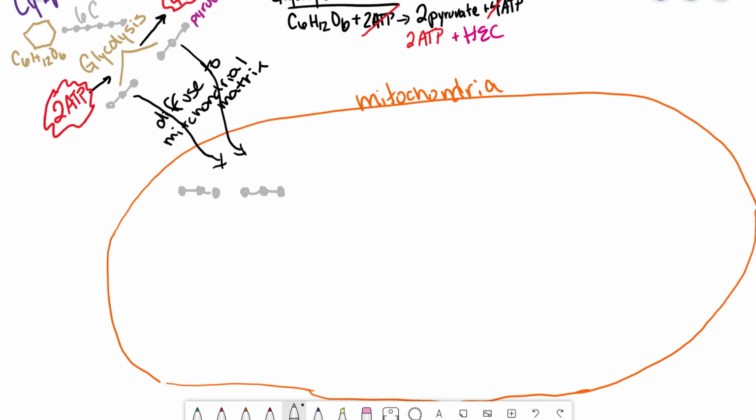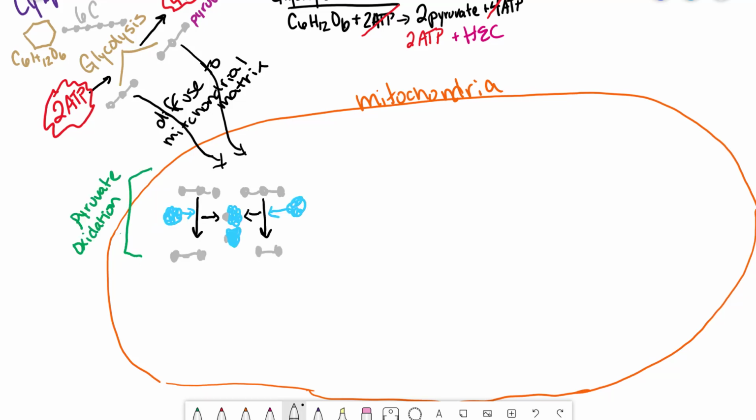And what's going to happen here is that little tiny step called pyruvate oxidation. We're essentially going to add an oxygen and then take off a carbon. So what I did here was I added in 1 oxygen for each pyruvate, and then I grabbed a carbon and made carbon dioxide.